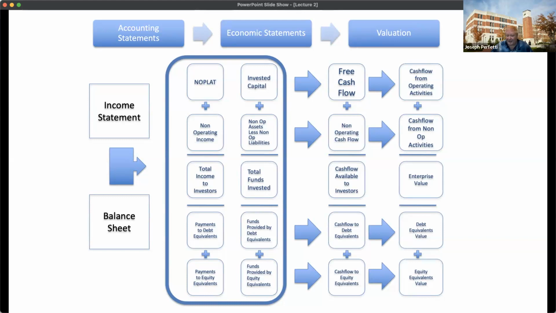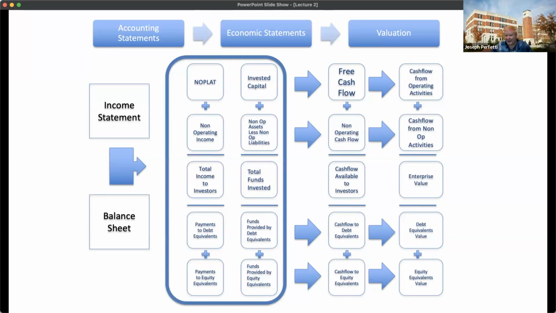And then the third statement is cash flow. What's important about cash flow is that it is the difference between the cash generated by the income statement less the cash reinvested in the balance sheet. We basically follow that process 4 times. On an operating basis, NOPLAT minus change in invested capital is free cash flow. Non-operating income minus change in non-operating investments is non-operating cash flow.